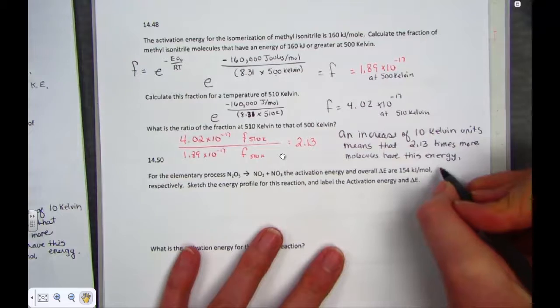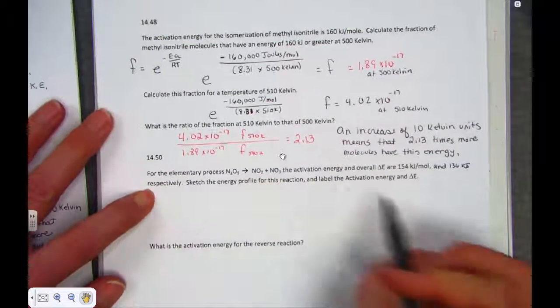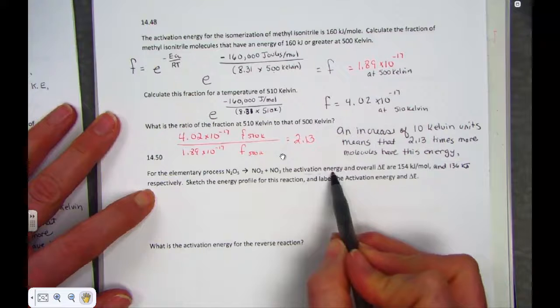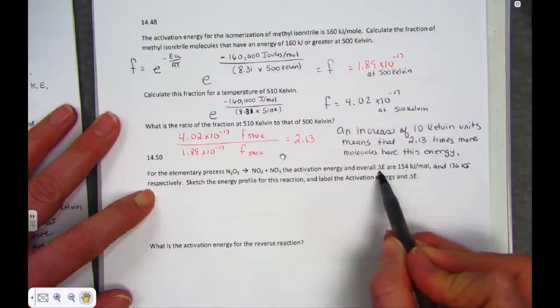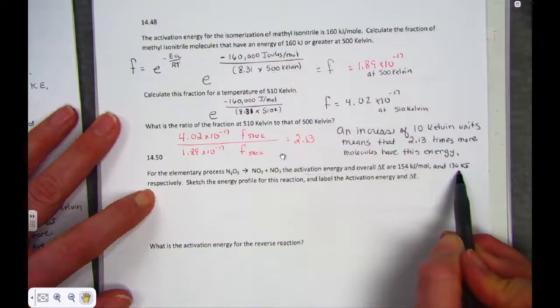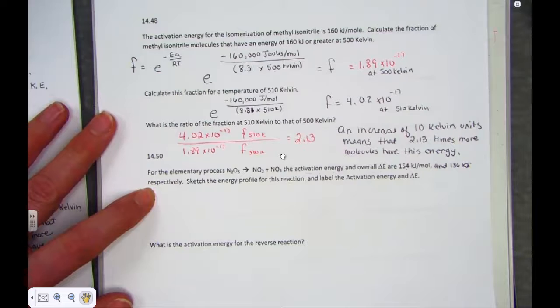Could you please add on some missing information? And 136 kilojoules, respectively. So it's telling us activation energy, 154 kJ per mole, and the overall change in energy is 136 kilojoules. I left that out when I typed your homework problems up.